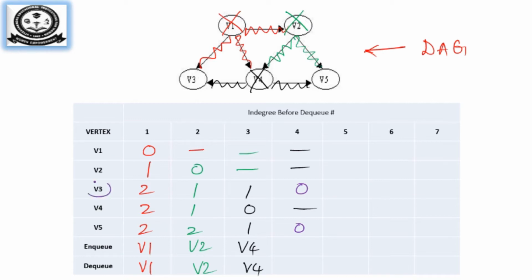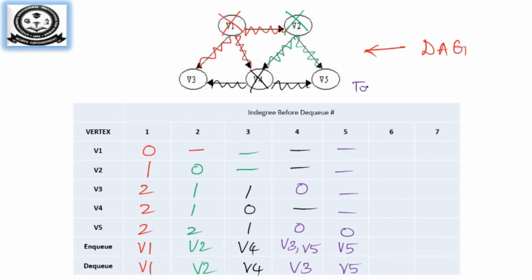Now you can see both V3 and V5 have the same in degree. We don't know which one to be pushed, so we'll take it in alphabetical order. We'll be pushing V3 and V5 together. So first V3 is pushed, so V3 will be coming out first. So you will be removing V3. Still V5 is in the queue, so finally V5 is popped out.